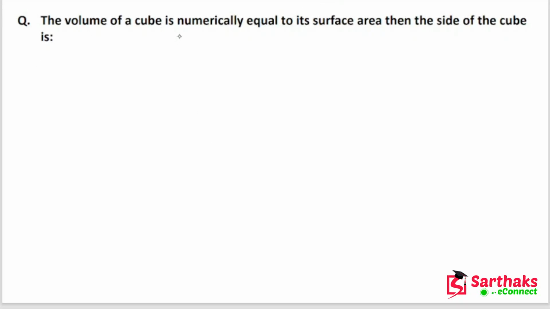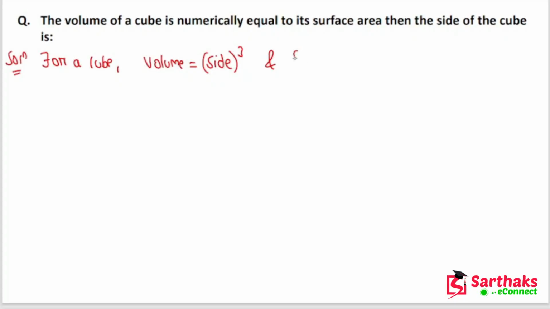First of all, let me remind you. For a cube, volume is equal to side into side into side. That is, volume is equal to side cube. It is length into breadth into height, but since length, breadth and height are all equal in a cube, it would be side cube, whatever the side.